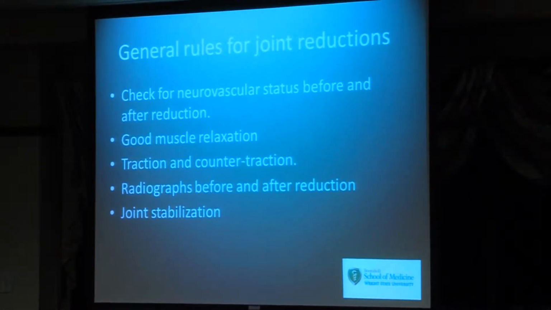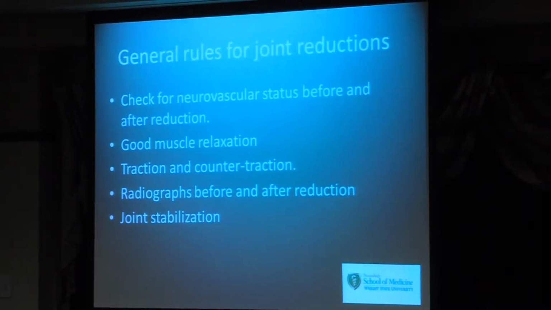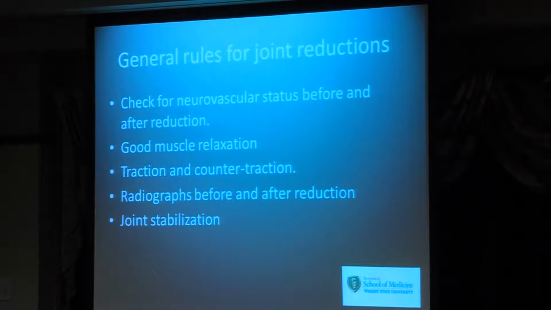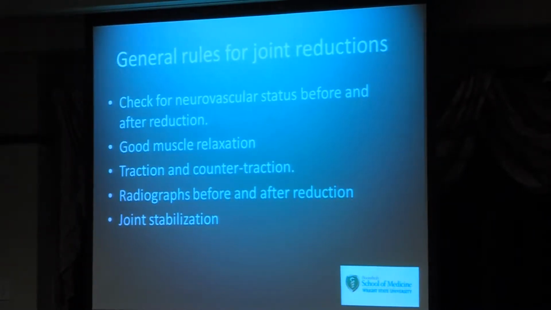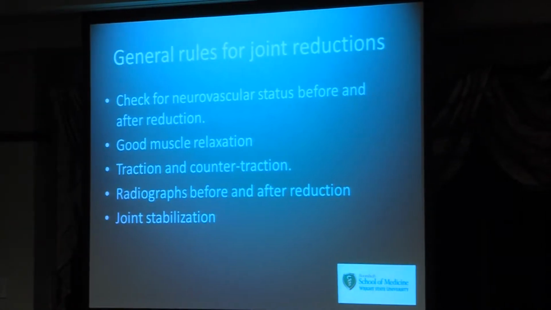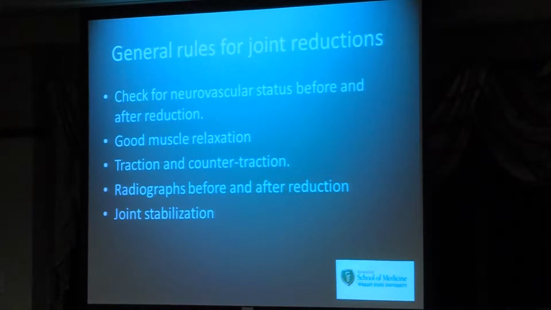But other things we need to check are the neurovascular status, whether any of the nerves have been compromised or if there is any vascular deficit. Best way to do it is to compare to the other side if you are in doubt or not able to come to a conclusion. And make sure the patient has good muscle relaxation.